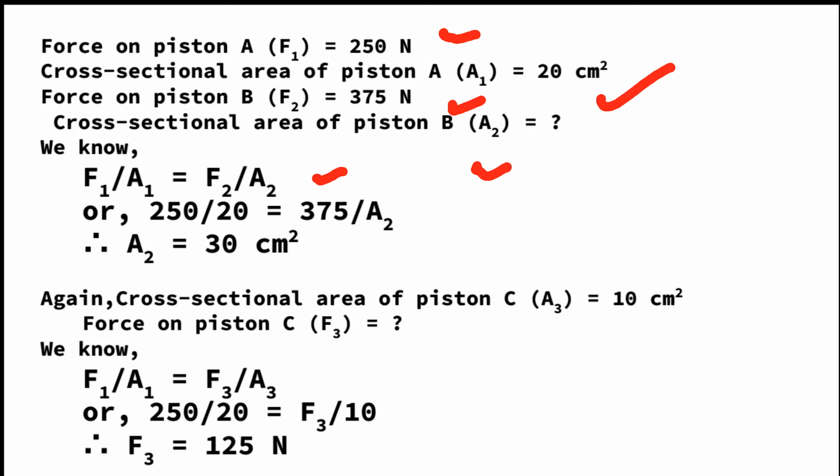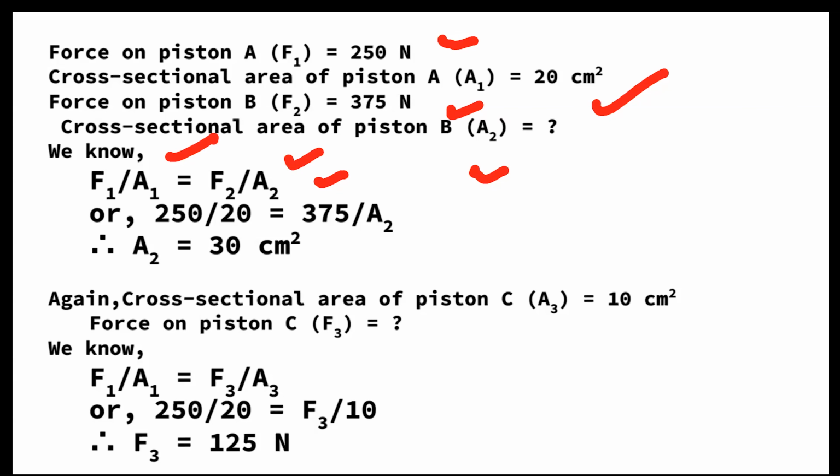Here I would like to say to you, dear students, please listen carefully. If both the areas are in the same system of unit, or if the area of any one piston is given in any system, you can use the same system according to the question. In this case, there is no need to convert centimeter square into meter square, since the pressure at both pistons is equal, meaning the ratio of area is equal to the ratio of force.